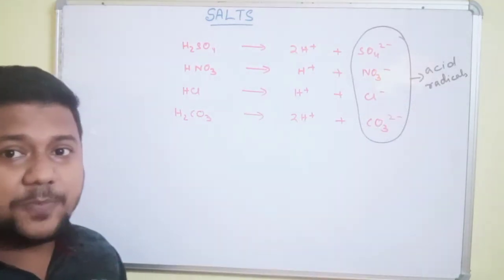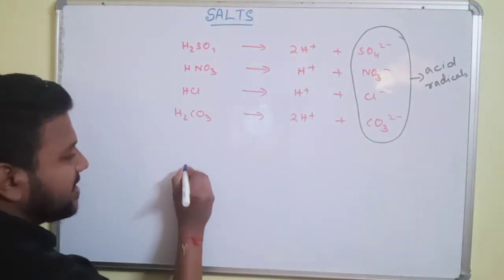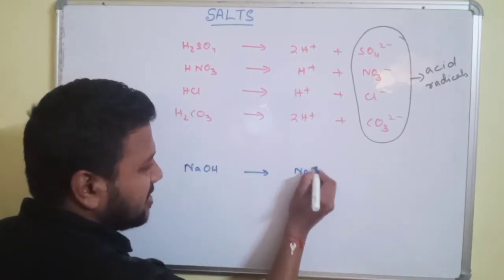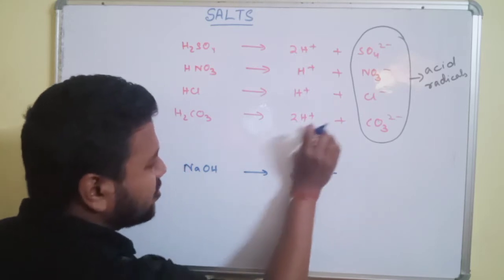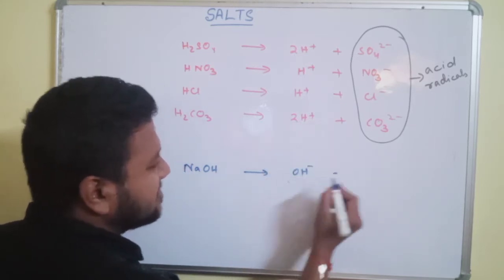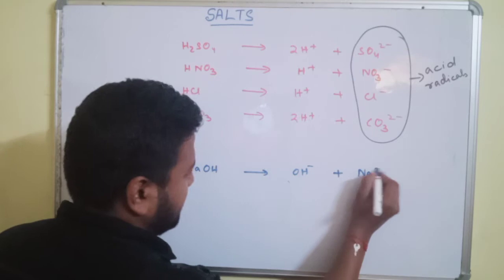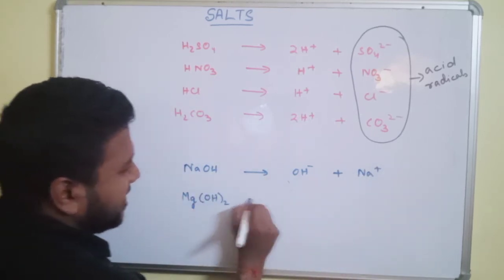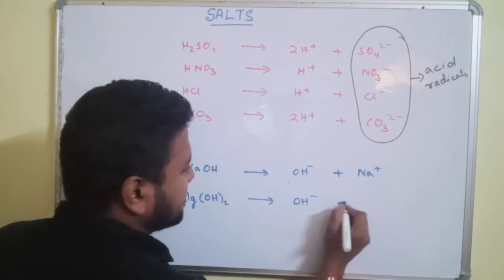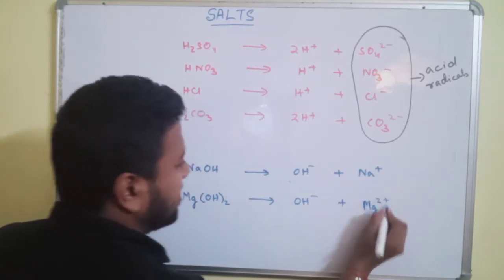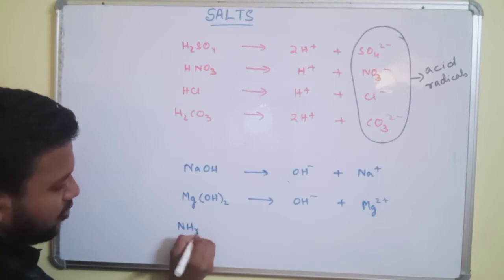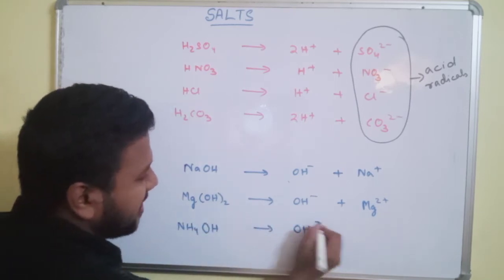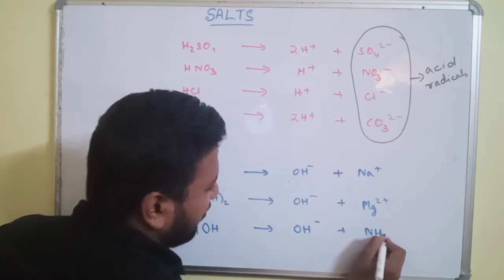Now in the case of bases, we have taken some bases. NaOH dissociates into OH- plus Na+. Moreover, Mg(OH)2 dissociates into OH- and Mg2+. NH4OH dissociates into OH- plus NH4+.